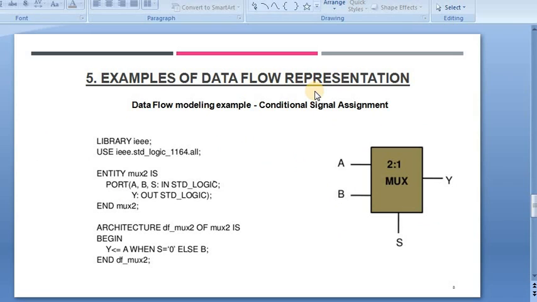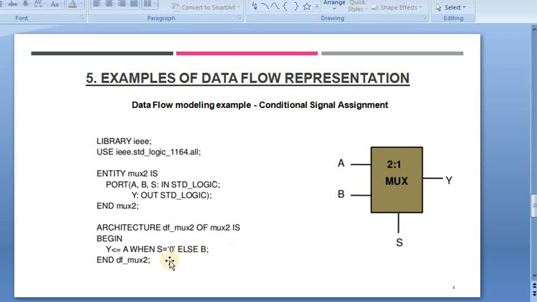Here we have written the code of a multiplexer with 2 inputs A and B, 1 select line S and 1 output Y. Initially, the library declaration is done, then the entity is defined for the mux. The architecture part covers the basic logic as shown for the final output Y. Now what is this Y? This is the logical combination of inputs A, B with select line S.